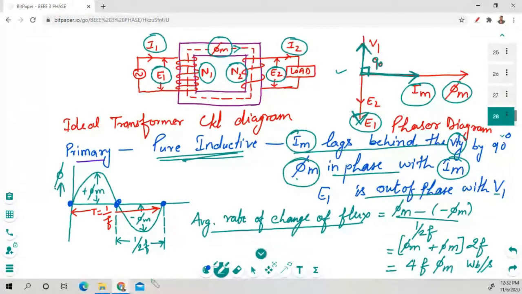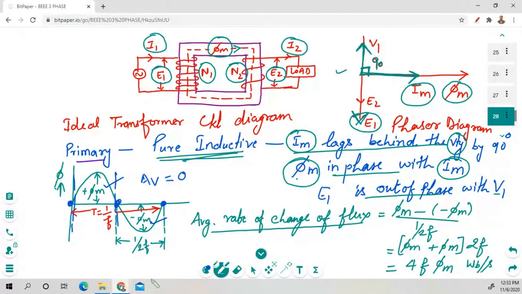As we have seen in the previous lectures, if you consider the complete cycle, these phases are equal and opposite to each other. They will cancel out, and on average they will be equal to 0. So the average value for a complete cycle is equal to 0. That's why we will consider only the first half cycle of this complete cycle.